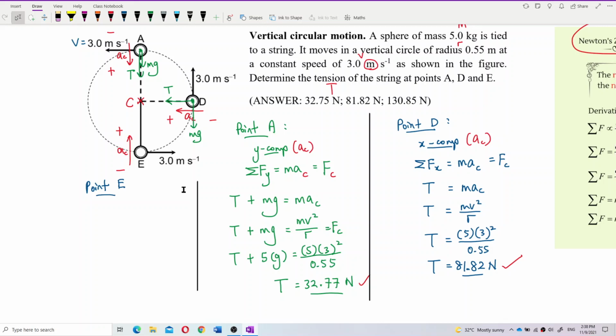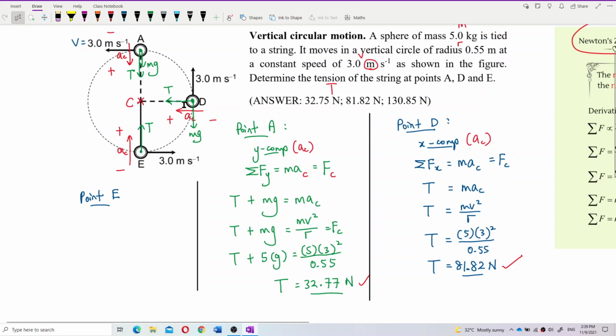Let us first draw the free body diagram. What are the forces acting on point E? This is the point mass. The string is pulling on the ball. You see, the tension is always away from the object.